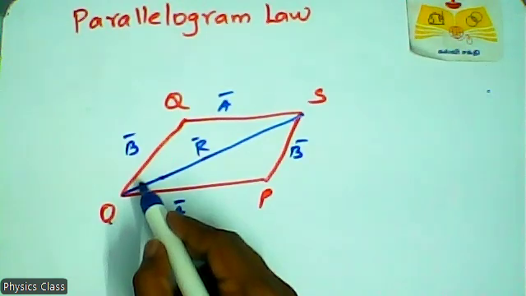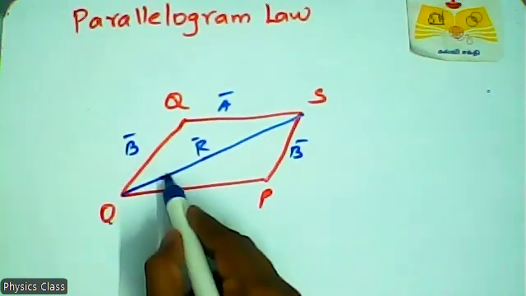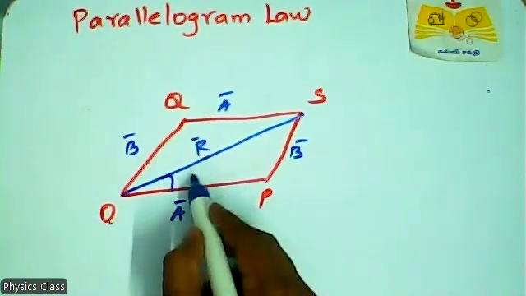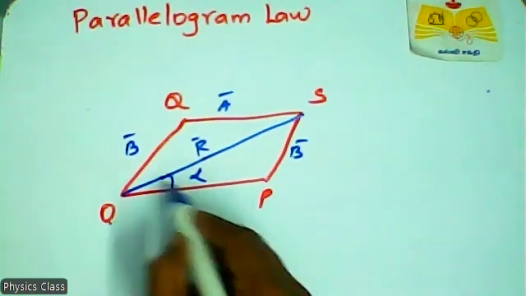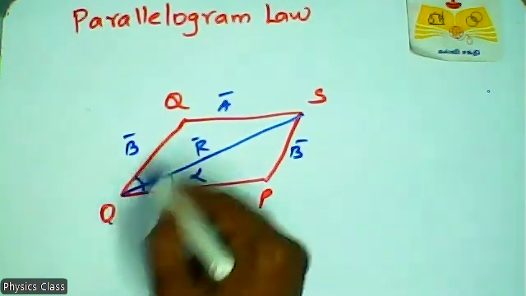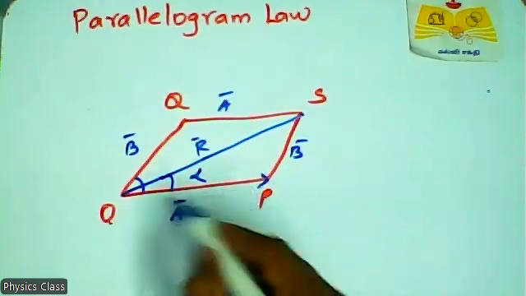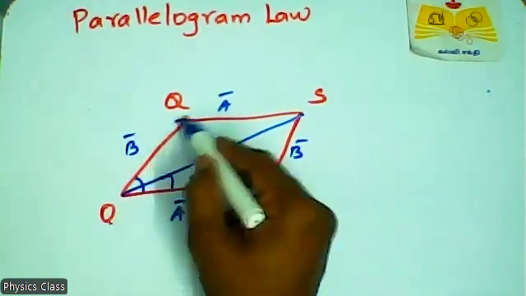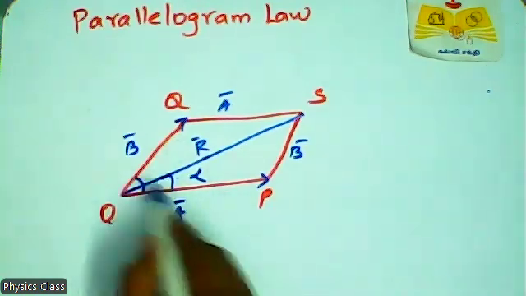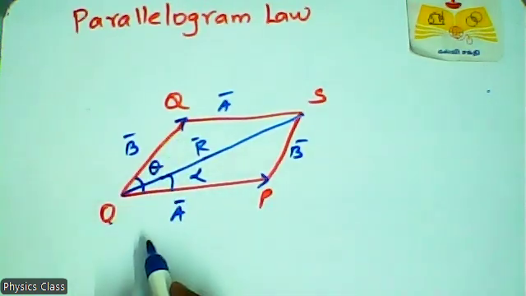The angle between the origin and this P is alpha, and the angle between these two vectors is theta.